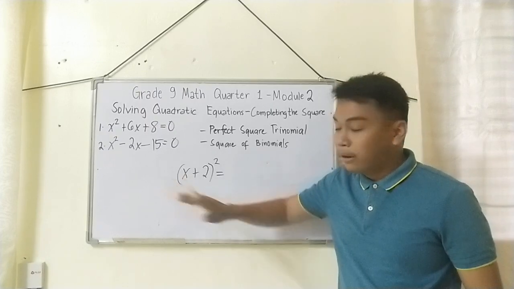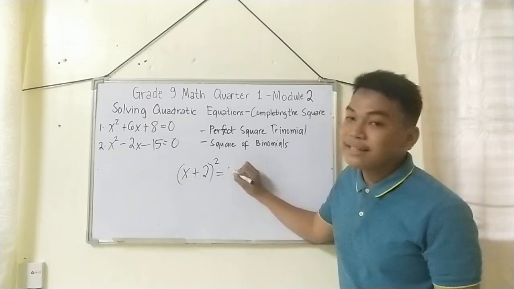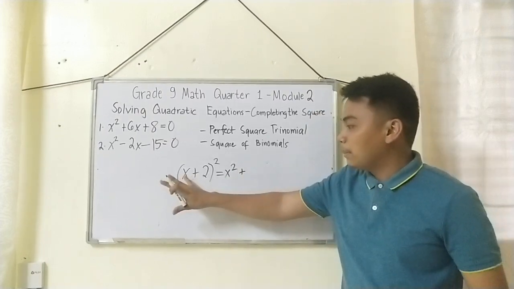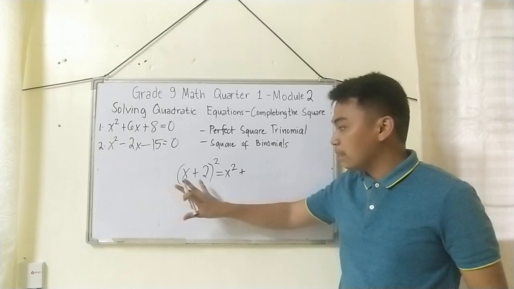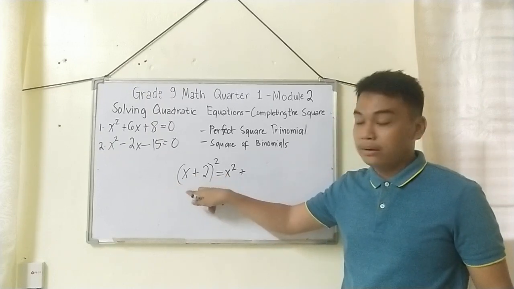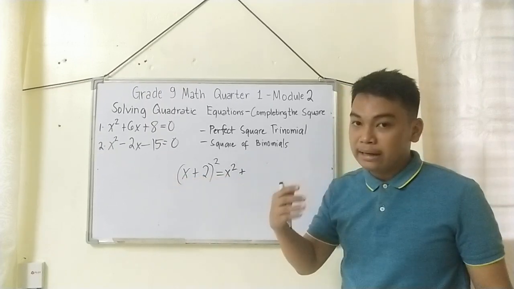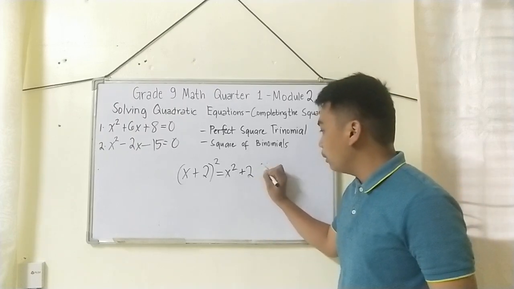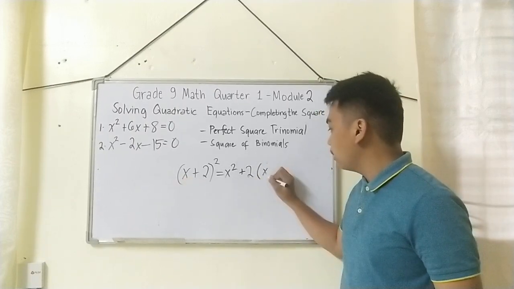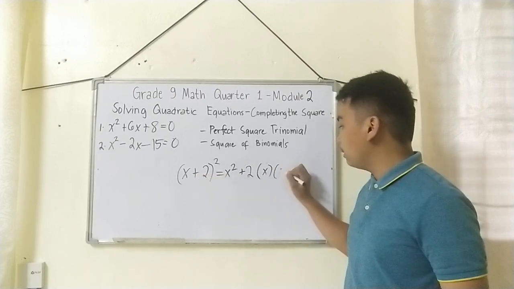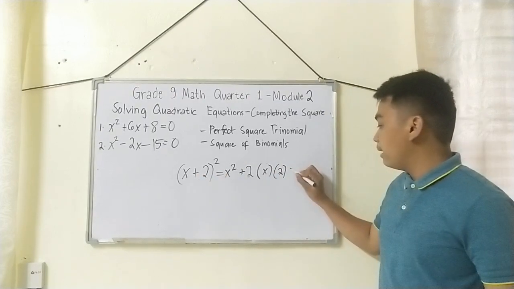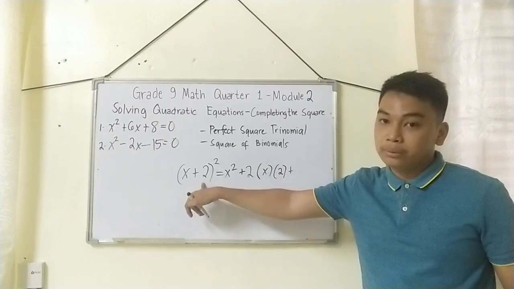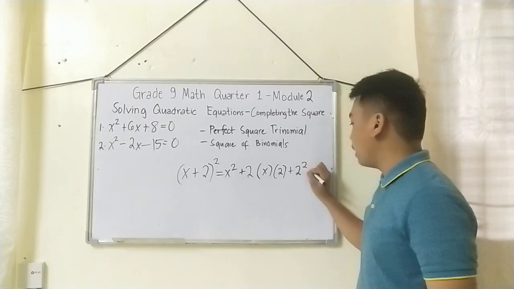The square of x is x squared. Next, multiply the x and the 2, the two terms here. So, x times 2, and then multiply that product by 2. So we have 2 times x times the other term, 2, and add the square of the last term, which is 2. So we have 2 squared.